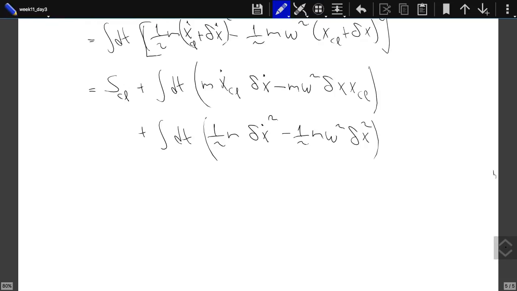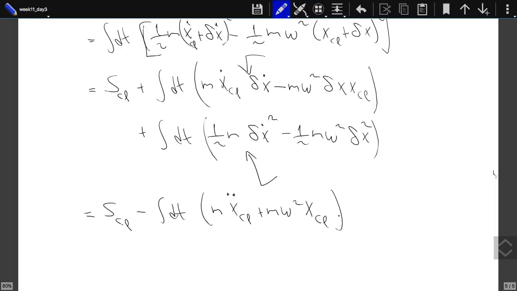Now I will do some integration by parts, in this term and also in this term, in both of those terms. At the boundary delta x is just 0, so the boundaries will not contribute. So this will be S classical minus the integral dt of m x classical double dot plus m omega squared x classical, times delta x.